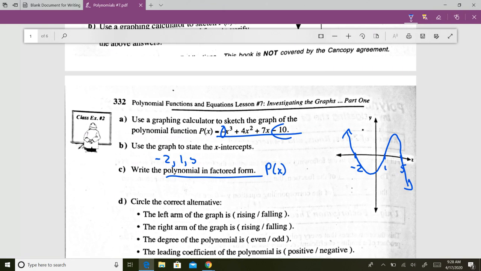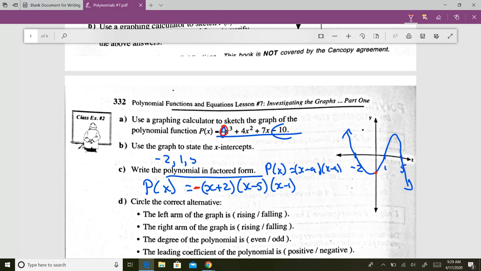So that is essentially saying, right, x minus a1, x minus a2, and so on. So we go p of x is equal to x plus 2, x minus 1, x minus 5. And the trick here is since the leading coefficient is negative, you must put a negative there.